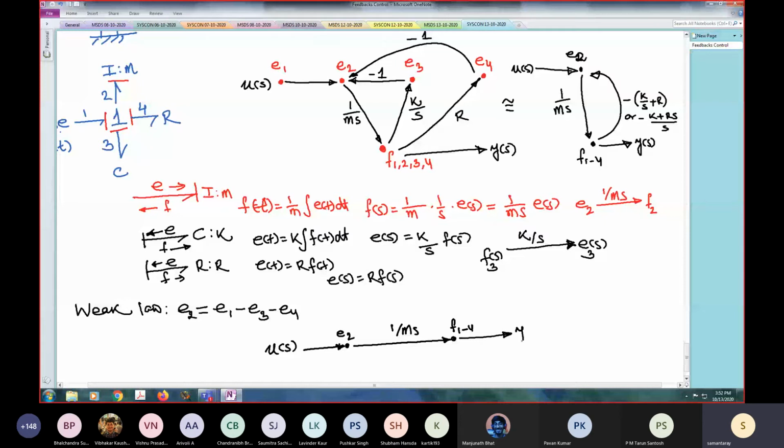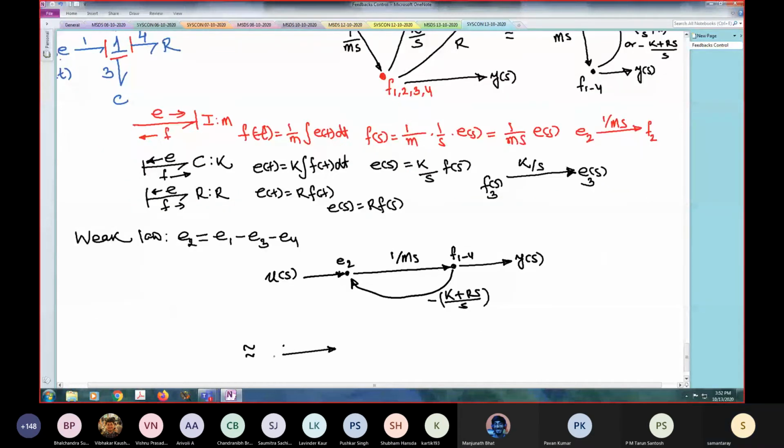This is YS, with minus K plus RS by S. This is equivalent to the block diagram with negative feedback. So what is this? This is again equivalent to US straight going to YS.